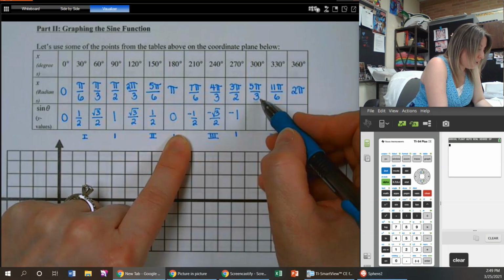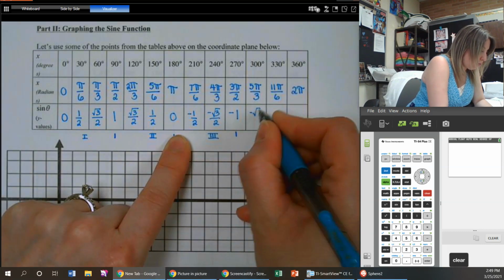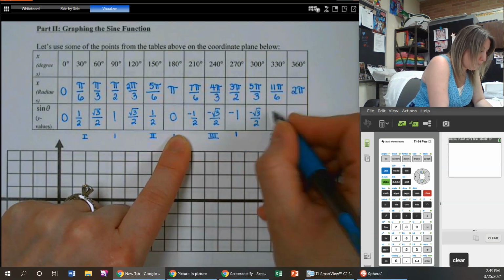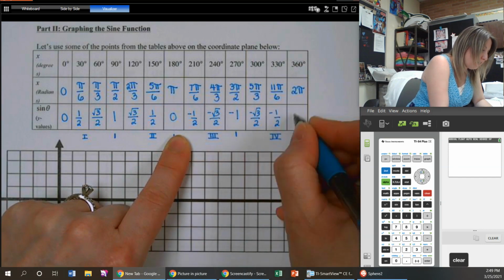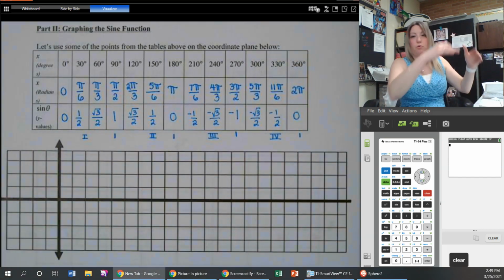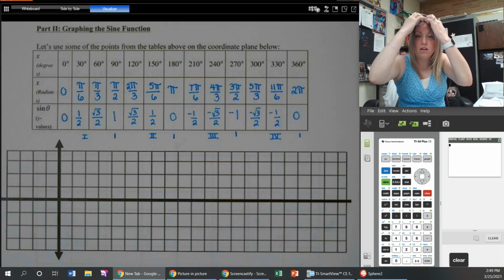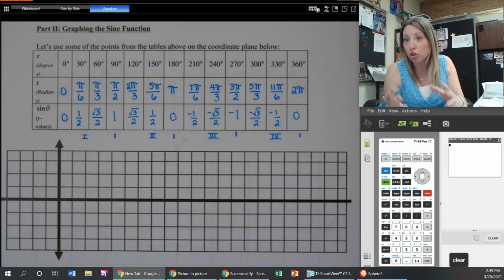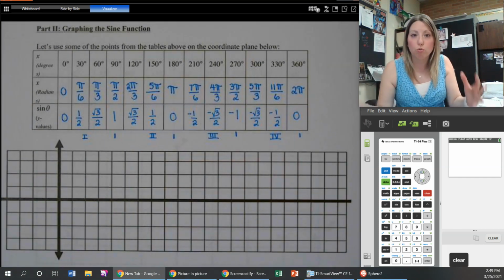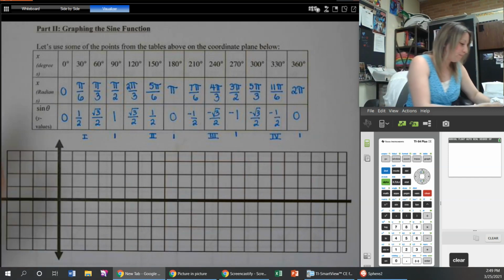And then continuing here, we've got negative radical 3/2 coming back up, negative 1/2 and 0. So back up to 0. So you can see the cycle that's occurring, the literal circle that we're unwrapping and pulling apart.